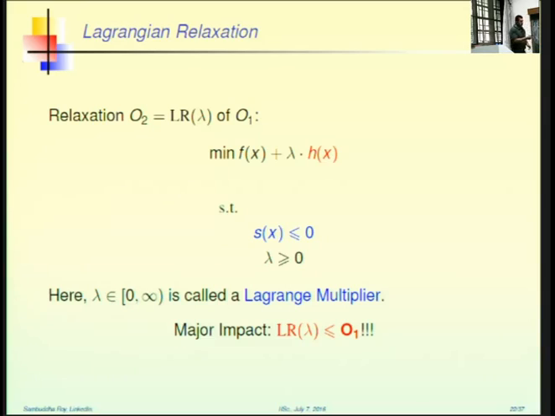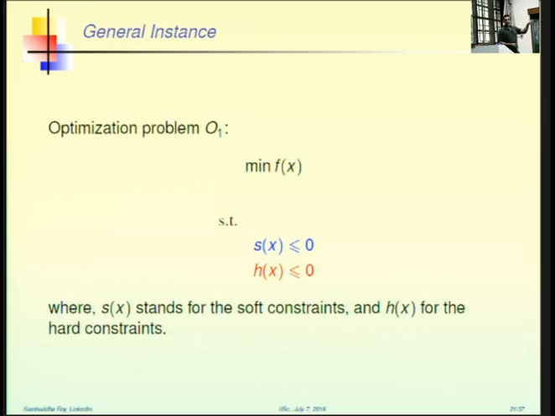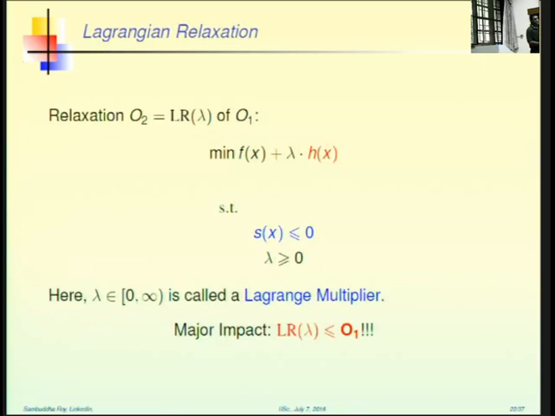So what happened? Think of something which makes this kind of program feasible. Suppose somebody gave me an x for which h of x is at most 0. Then that same x would still be feasible because I have dropped some constraints. I have made my life simpler.